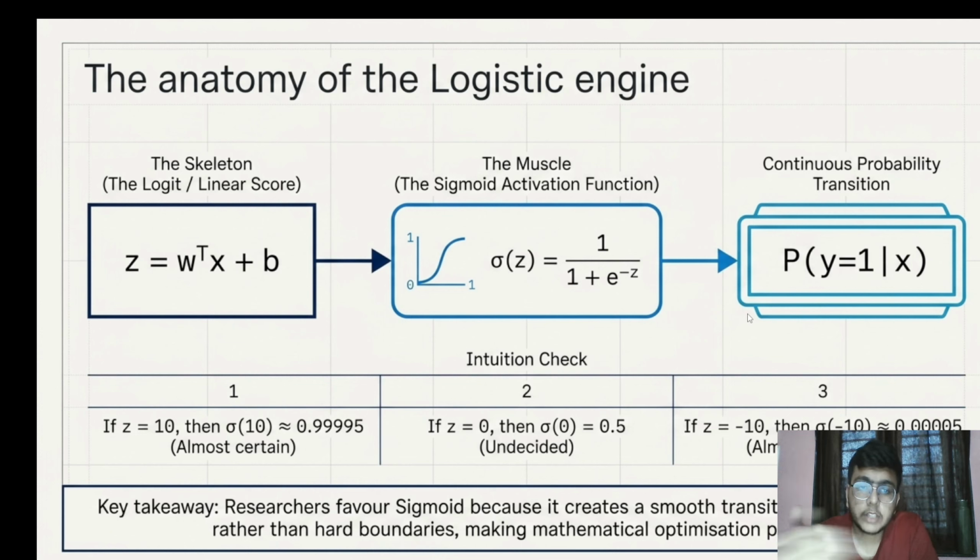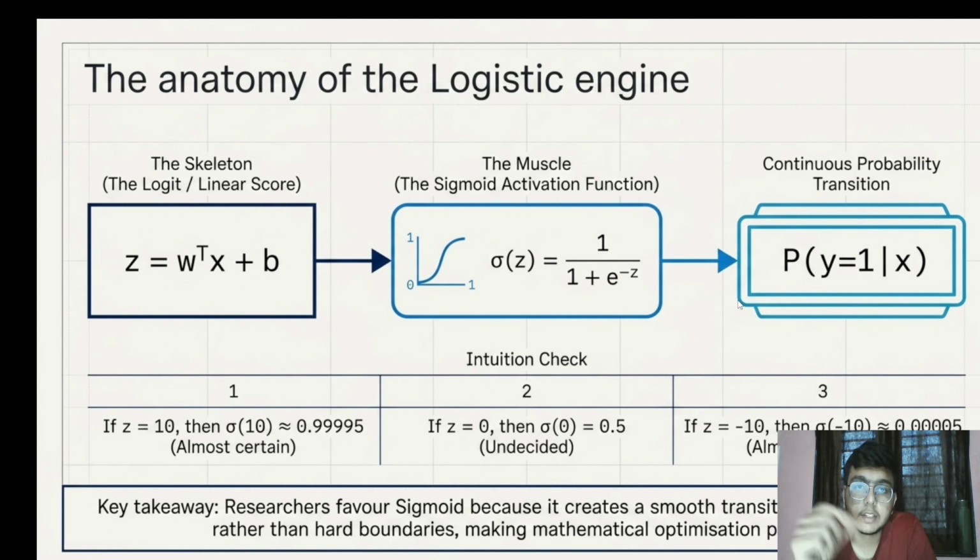The intuition can be checked as we can see in the presentation. If z equals 10, we pass 10 into the sigmoid activation function and we get 0.9995, which is almost yes.